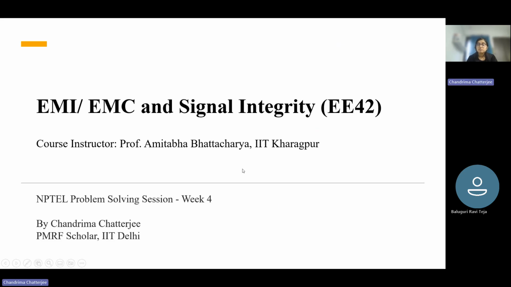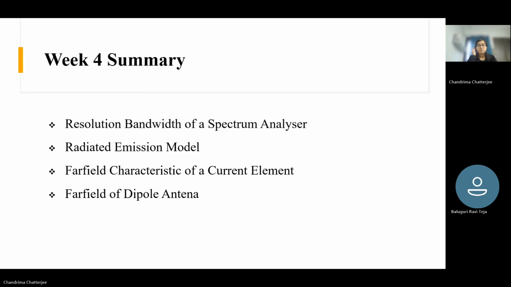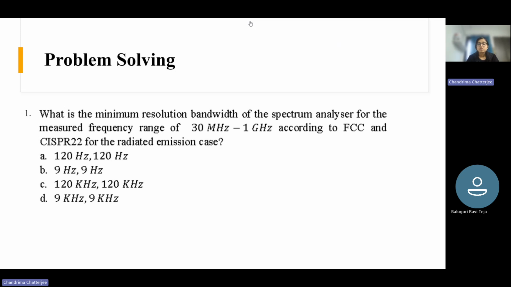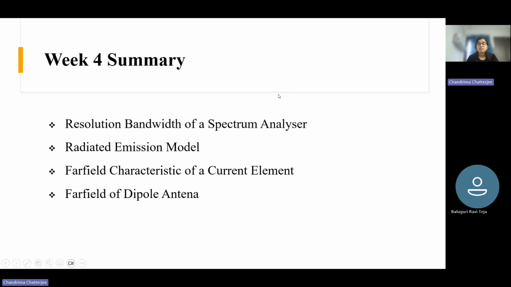So welcome to you all in the fourth week tutorial session on EMI, EMC and signal integrity. In the last discussion, we discussed the spectral bound of the clock signals.